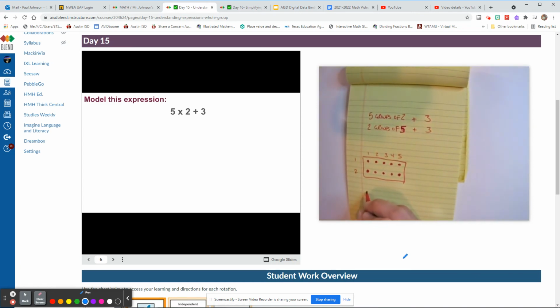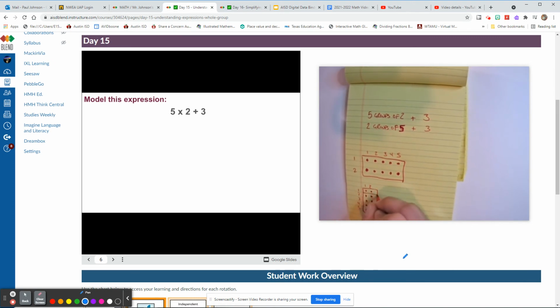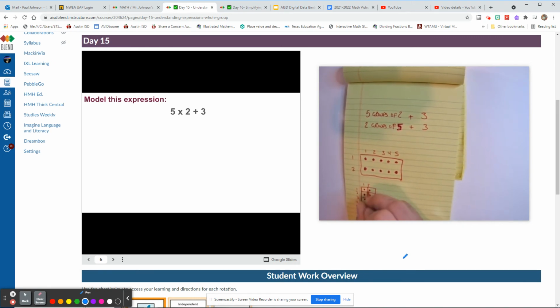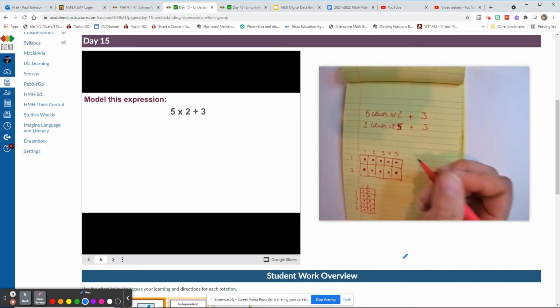Or you could possibly also draw it like this. Same essential idea, 1, 2, 3, 4, 5 groups of 1, 2. It's still going to be 10. Either way we look at it, we're looking at an array of 10.